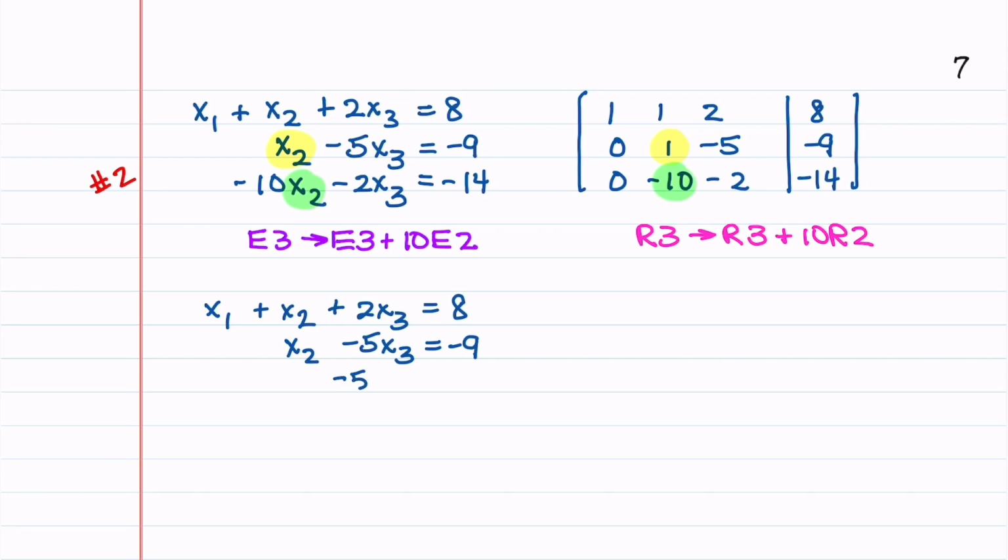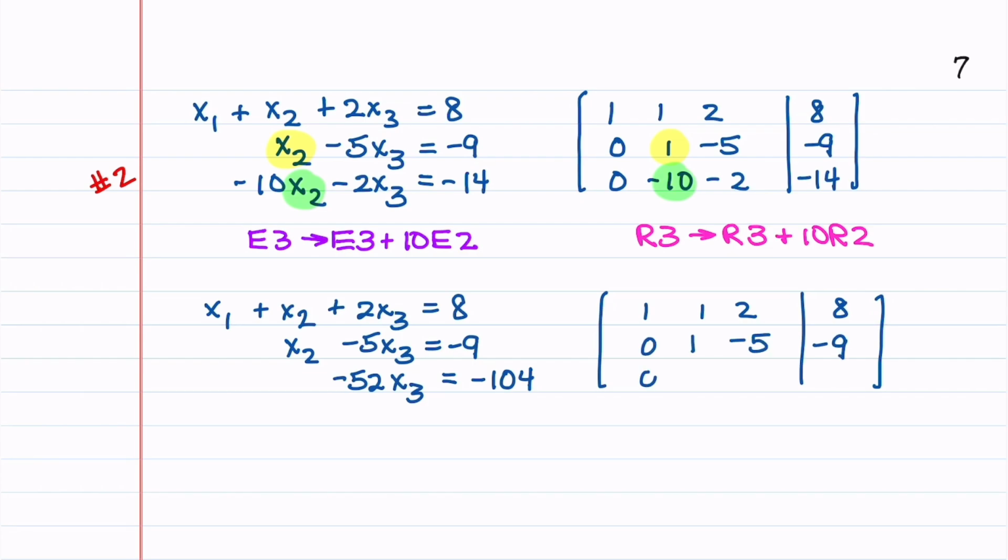We end up with a minus 52x3. And then minus 9 times 10 is minus 90, minus 14 is minus 104. On the right-hand side, with our augmented matrix, we have 1, 1, 2, 8, 0, 1, minus 5, minus 9, and then 0, 0, minus 52, minus 104.